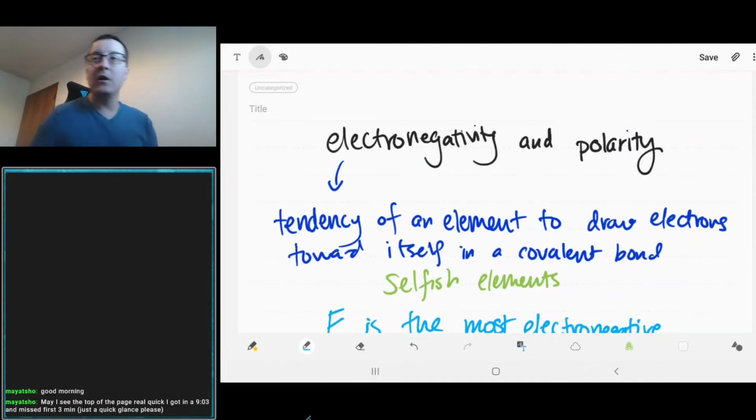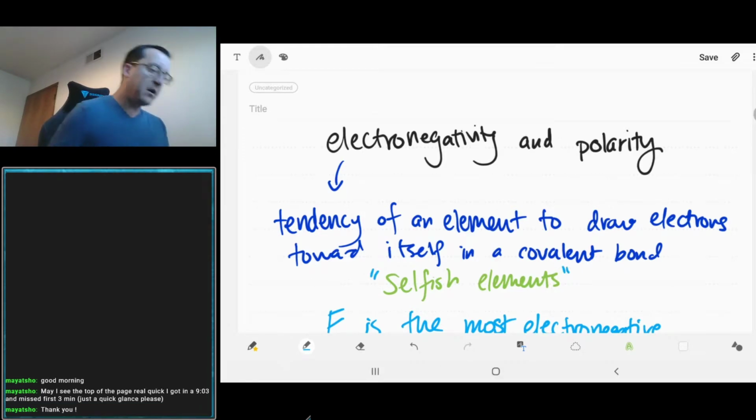So those particular elements, fluorine, oxygen, nitrogen, and chlorine will tend to be the most electronegative that we're going to see. And so they are going to be the selfish ones. They're the ones in a covalent bond that are going to want to steal electrons towards themselves. And so we're going to see the effects that this is going to have. These are how we're going to judge how selfish these elements are.